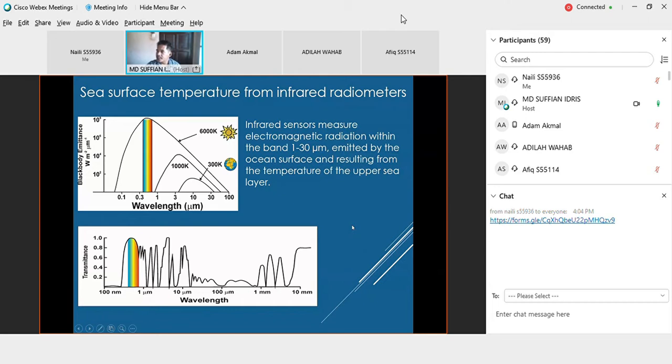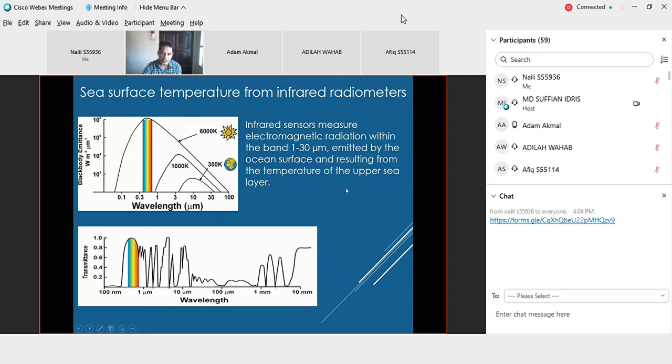Surface temperature infrared radiometer. Ini adalah untuk surface temperature daripada infrared, daripada 1 hingga 30 micron. And that means it measures the infrared radiant emitted from the ocean surface.